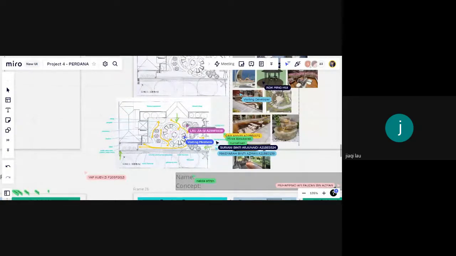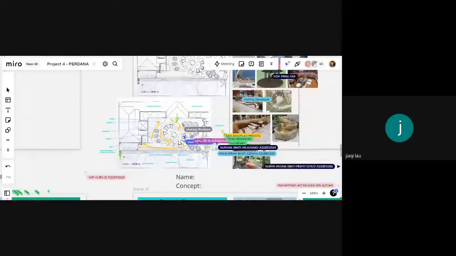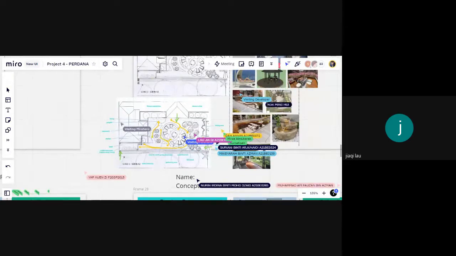And there are big trees, very many trees at this corner and this corner, right? I decided to plant fruit trees so that students or lecturers can pick the fruits themselves. Yeah, like this. I think that's all for me.